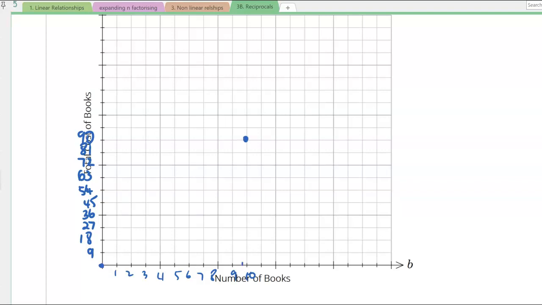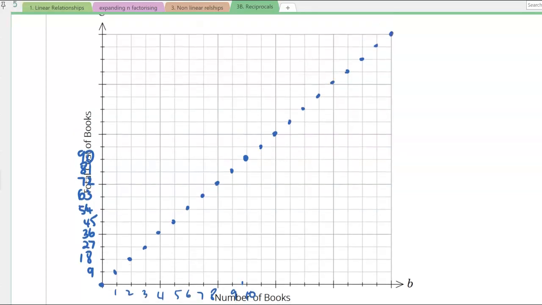But what you should be noticing, and because I've gone up in 9s, it's really easy because each exact coordinate is actually going to show me the cost of each book. I haven't drawn a straight line through it, only because it doesn't make sense to have a continuous number in terms of number of books.